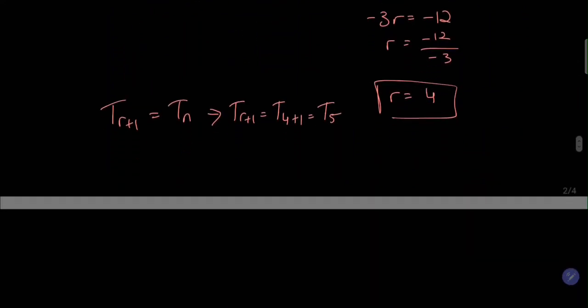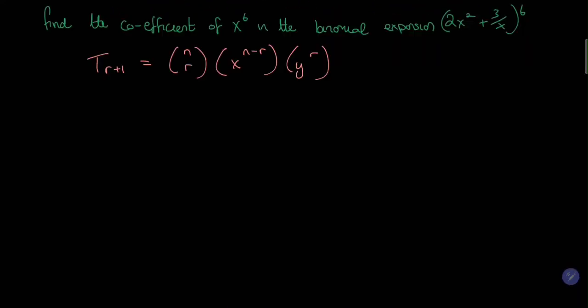Okay, we have one more to do. So here it is. Find the coefficient, which is the number in front of x, of x to the power of 6 in the binomial expansion (2x squared plus 3 over x) to the power of 6. So now instead of looking for which term gives x to the power of 0 like the last one, we're trying to find which term will give us an x to the power of 6.